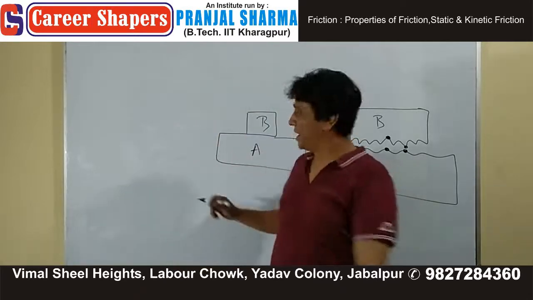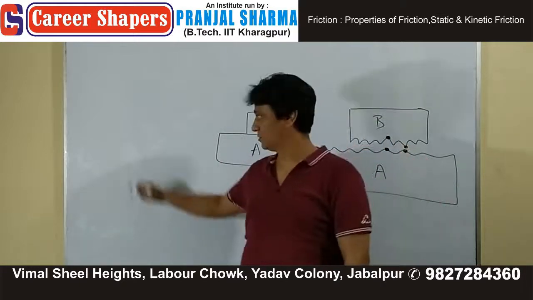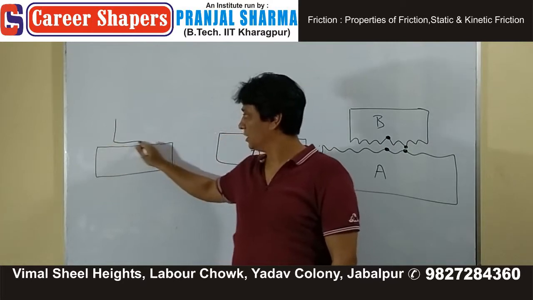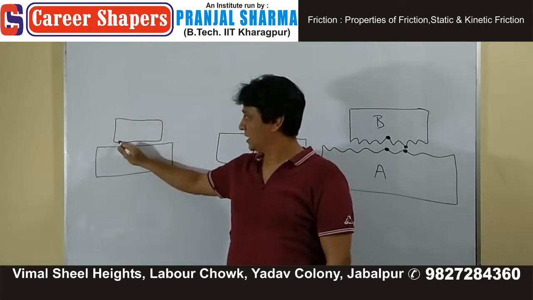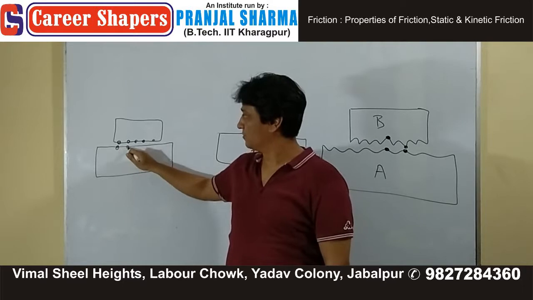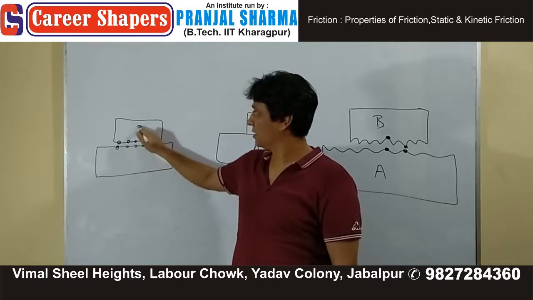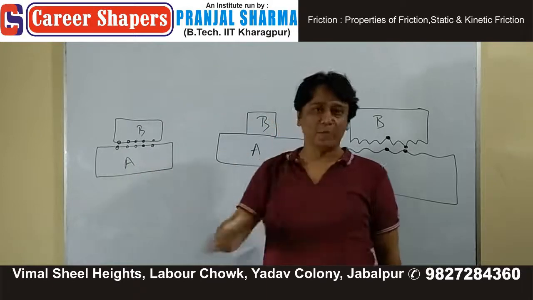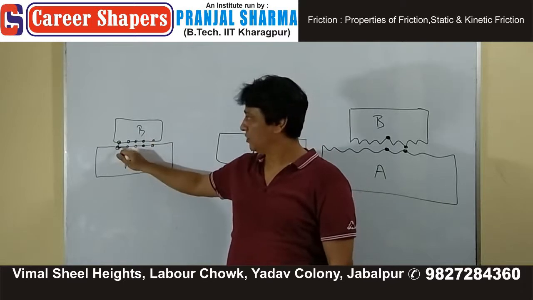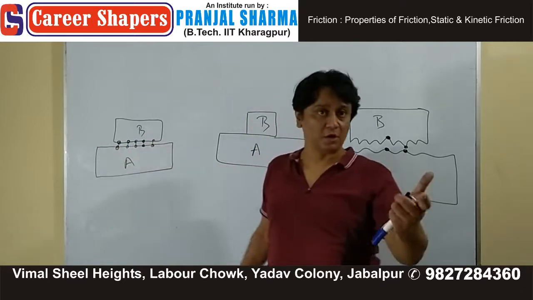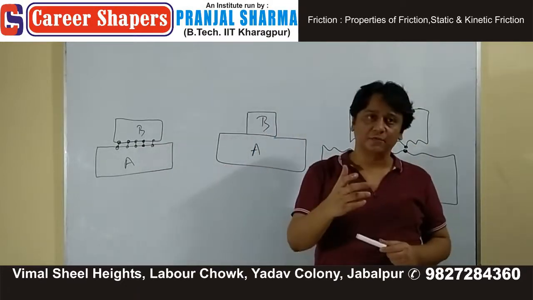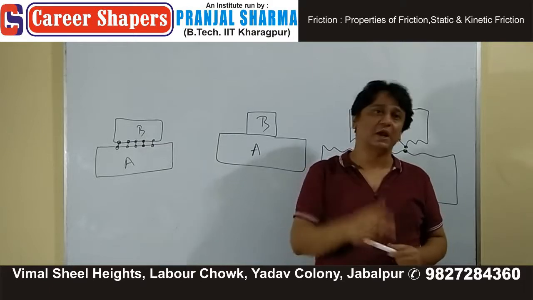But when you make these surfaces highly smooth, this is the setup. These are the atoms of B and these are the atoms of A. If you somehow made them highly smooth, then once you place B on top of A, there will be a perfect bond between A and B, and it will act as if you have welded A and B together.